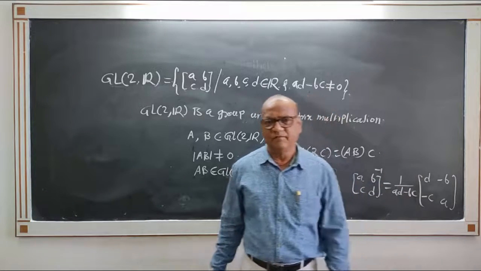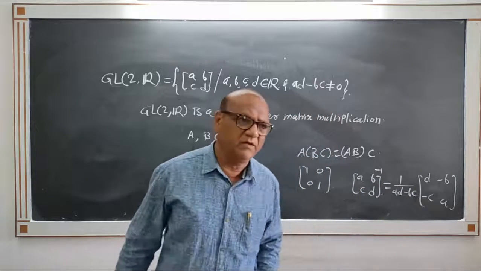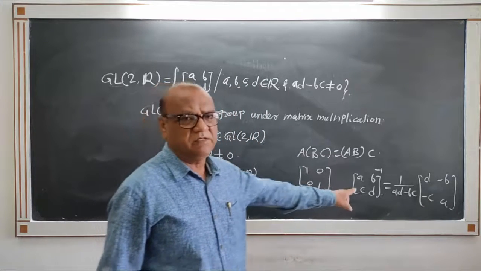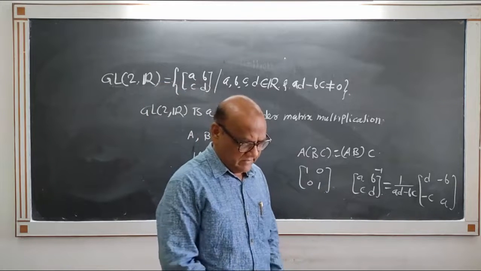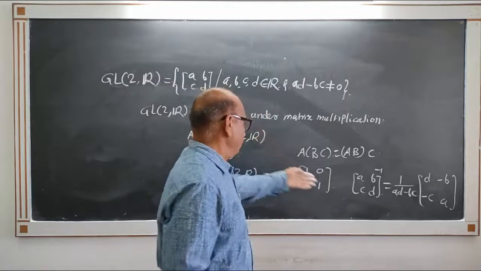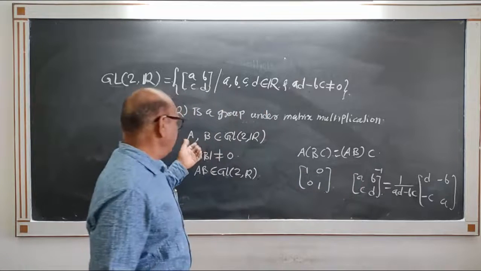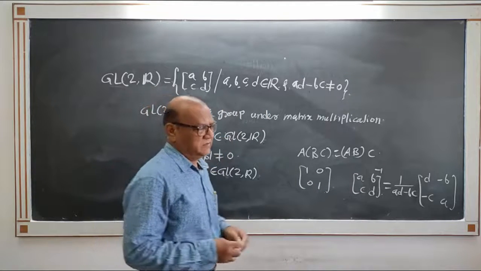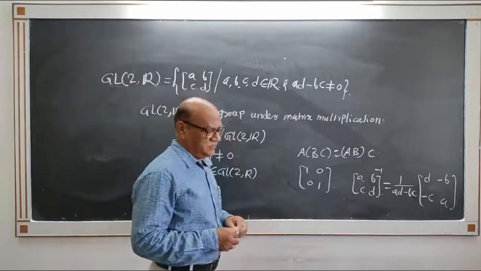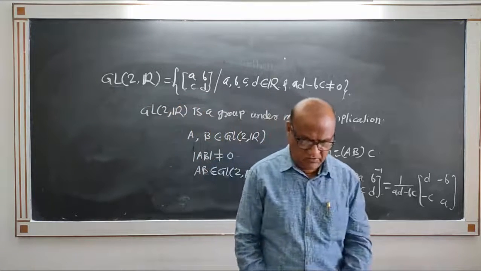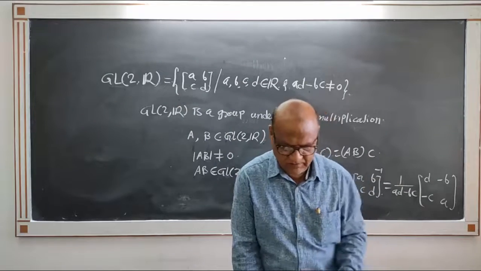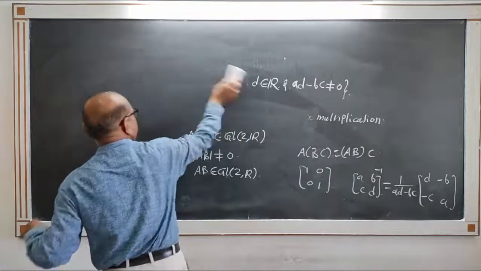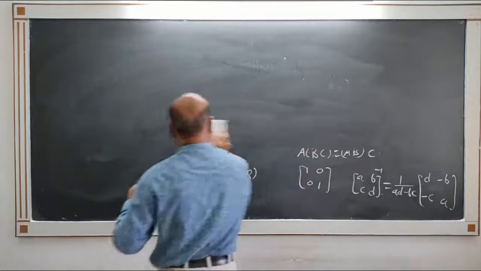The inverse of this element is again in the general linear group GL of 2 by 2 matrices, and so it is a group.